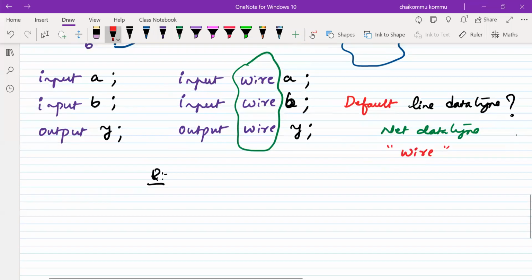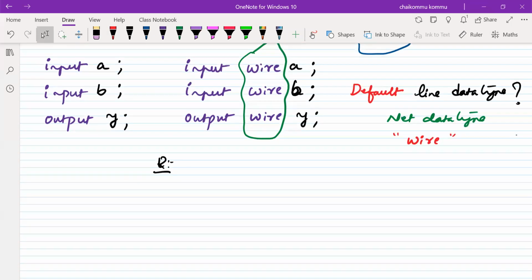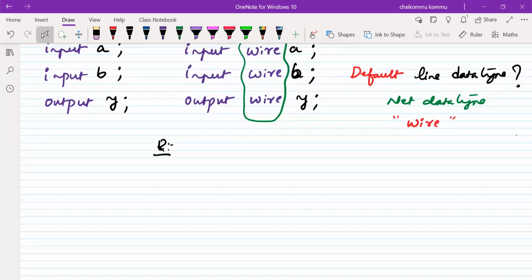Clear? Okay. So now let us consider the strength. Every line has some value, and should have some kind of strength.